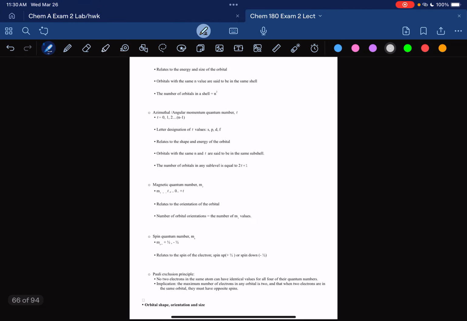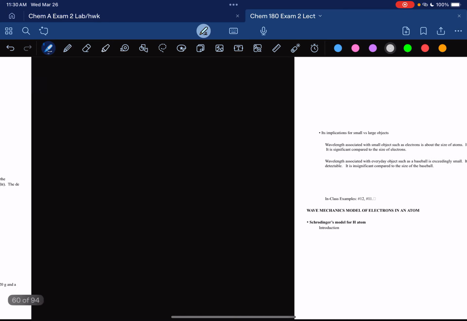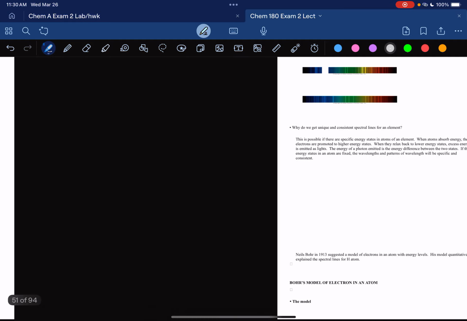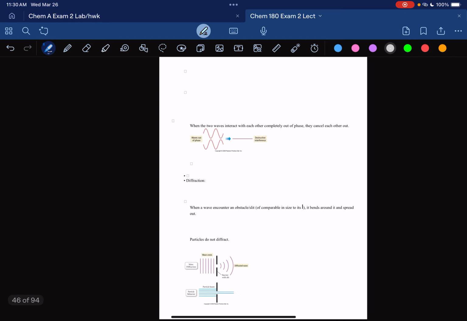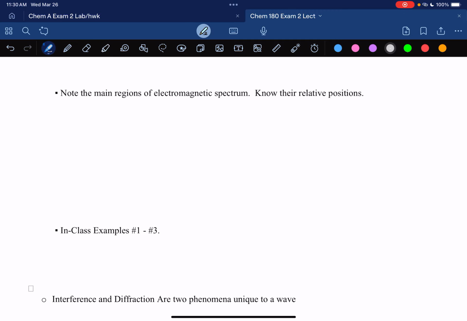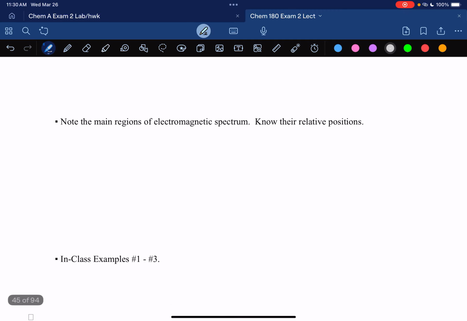We said electromagnetic radiation is a wave, and we use lambda, nu, speed, and amplitude to describe that type of wave.